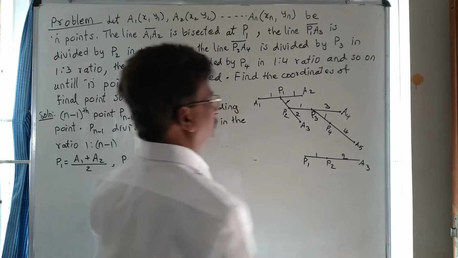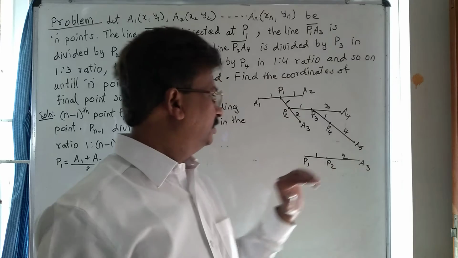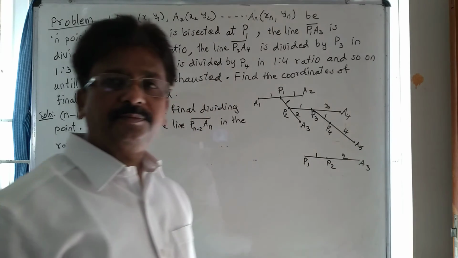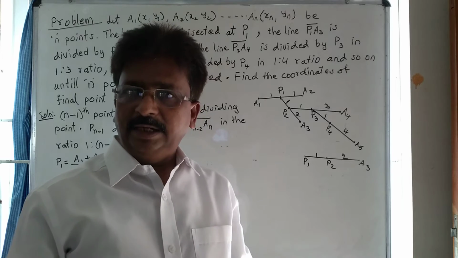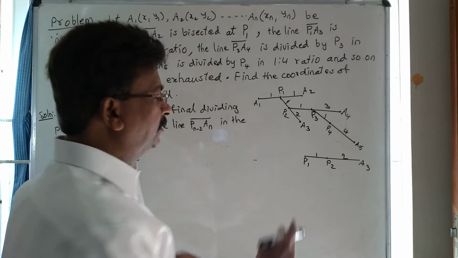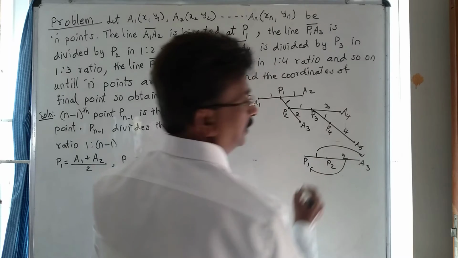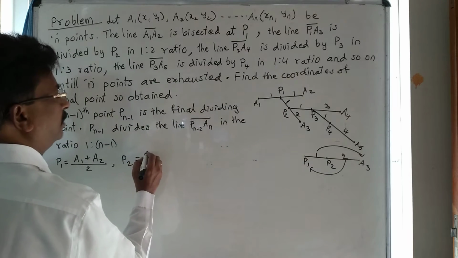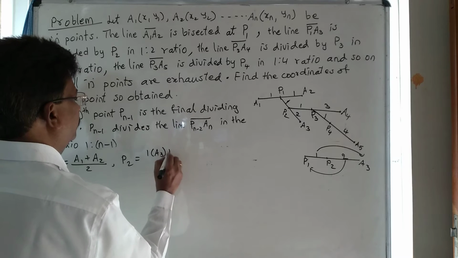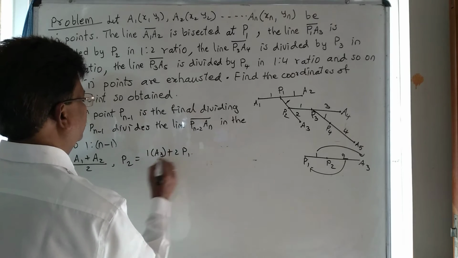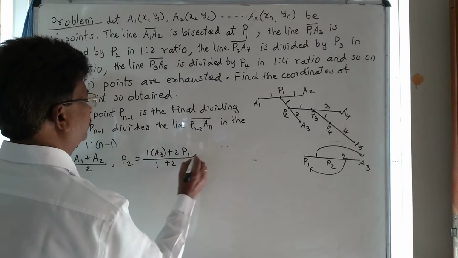So clearly I have drawn the line segment separately, you see. So 1 into A3, we are taking the coordinates of the dividing point. How? 1 into A3 plus 2 into P1, divided by 1 plus 2.